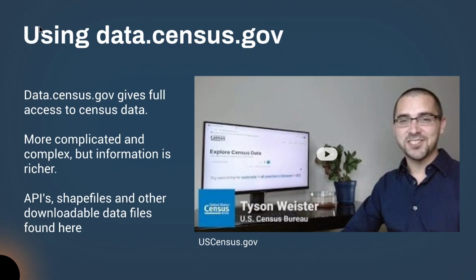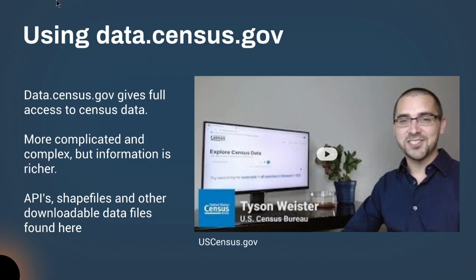All right, so as you saw, that was a snapshot, but we've also got data.census.gov, if you remember from just before that tutorial. It gives more access to data, deeper, fuller access, more manipulation, more customization. It's more complicated, but it does have a much richer data set.